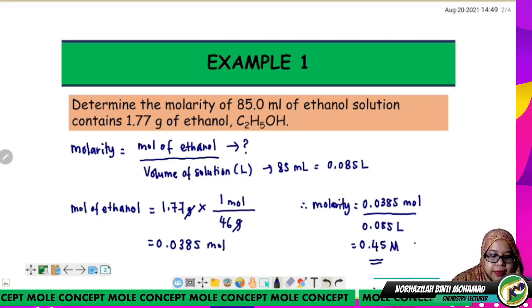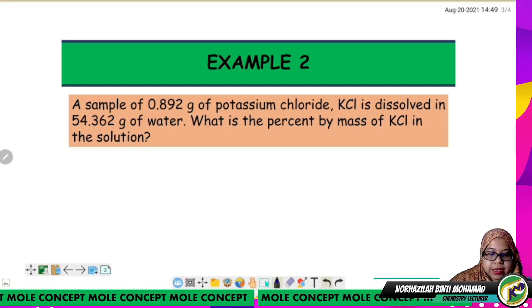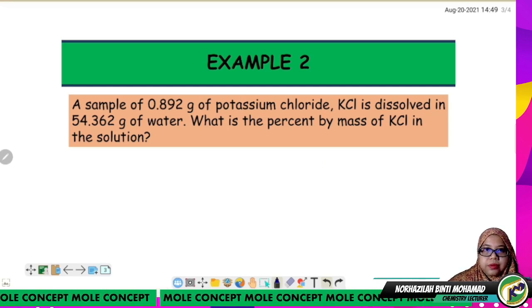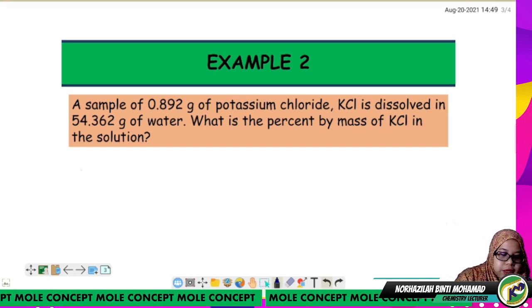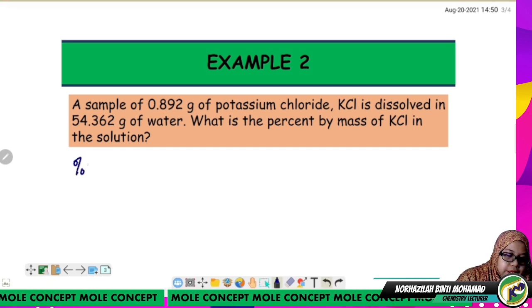Then we go to example 2. A sample of 0.892 gram of potassium chloride is dissolved in 54.362 gram of water. What is the percentage by mass of potassium chloride in the solution? The question asks about percentage by mass.